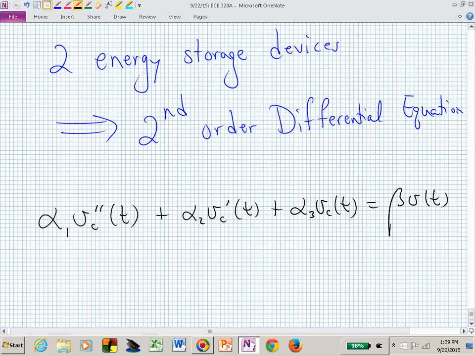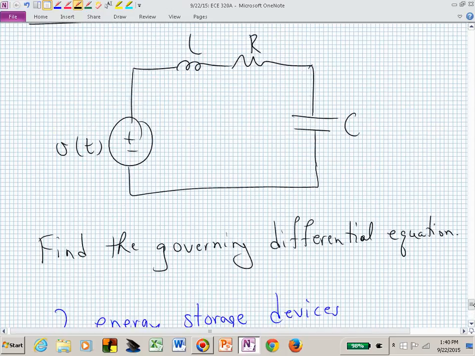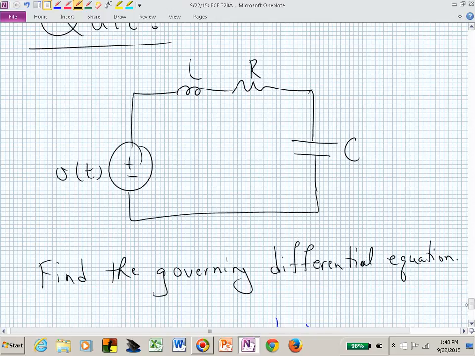And that's now a way to generalize the behavior of this RLC circuit. If you know how to solve second order differential equations, you now know how to solve this circuit problem. Now, how would we solve this circuit problem?